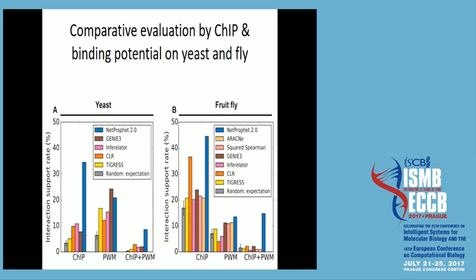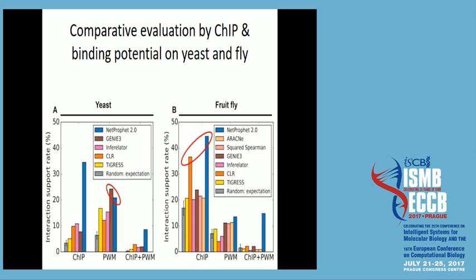And this slide shows a comparison of NetProphet 2 to a number of other algorithms using both ChIP data as a gold standard and using binding potential determined from in vitro experiments as a gold standard. And we tested it on both yeast and fly. A few things to notice here are that Genie 3 slightly outperforms NetProphet 2 on the PWM standard in yeast.